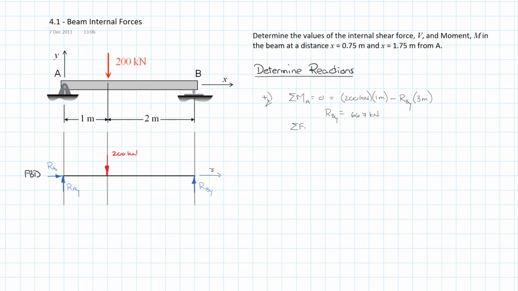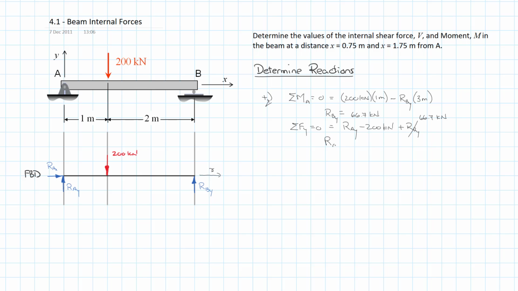So go right on. I'm going to do sum of the forces in the y direction is equal to 0. And that's equal to my RAY minus the 200 kilonewtons plus RBY, which we already know is 66.7 kilonewtons.